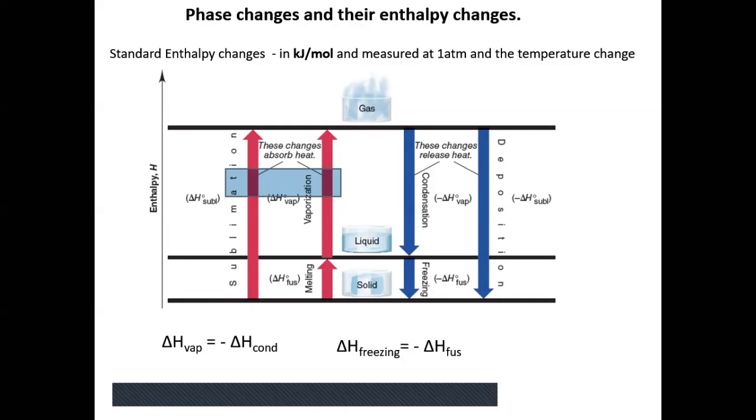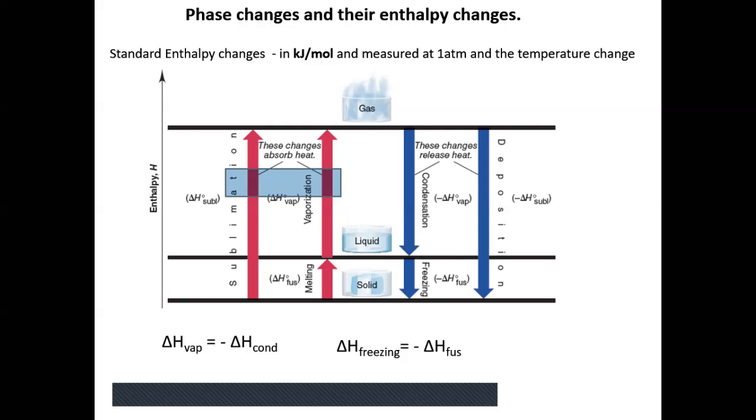Also, you'll find in the same table the delta H of vaporization, which is the amount of heat needed to go from a liquid to a gas. And you'll notice that the heat of vaporization is always a lot larger than the heat of fusion, because at vaporization we're breaking those attractive forces, so a lot of heat is needed to break them.